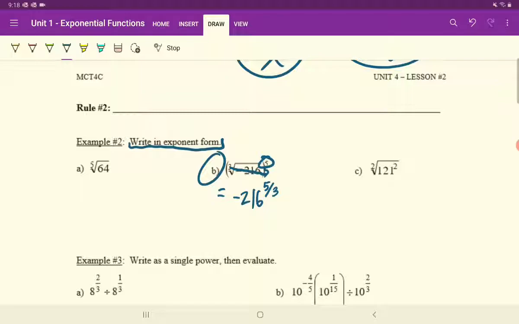So let's write a rule for that. If you have the nth root of a value, raised to the power of something, like m, nothing changes. It's essentially the same rule; it's just that before, my m values were always 1.